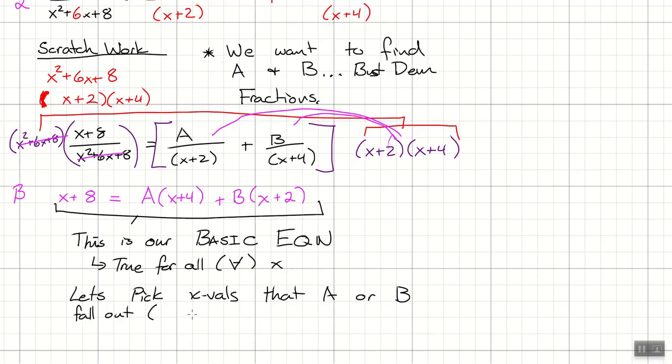If you want something to disappear, like we wanted a to disappear, you'd have to have a times what for that to happen? If I want to say a times something, it's just gone in our equation. We won't even write it again. I'm representing a number there, but we don't ever write it. 0. Is there an x that makes this 0? Good. Makes the binomial in this case 0.